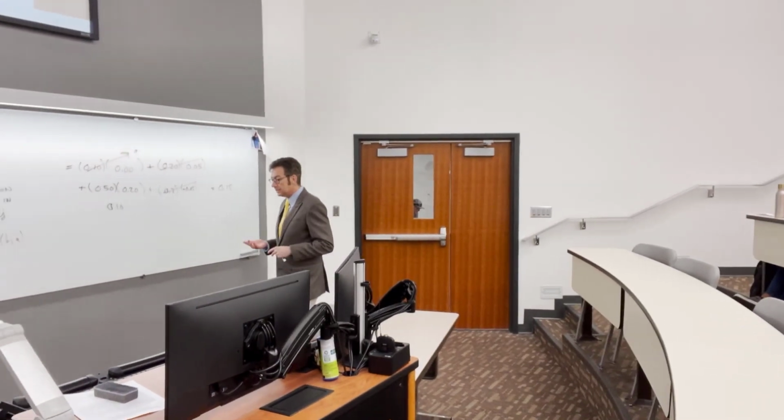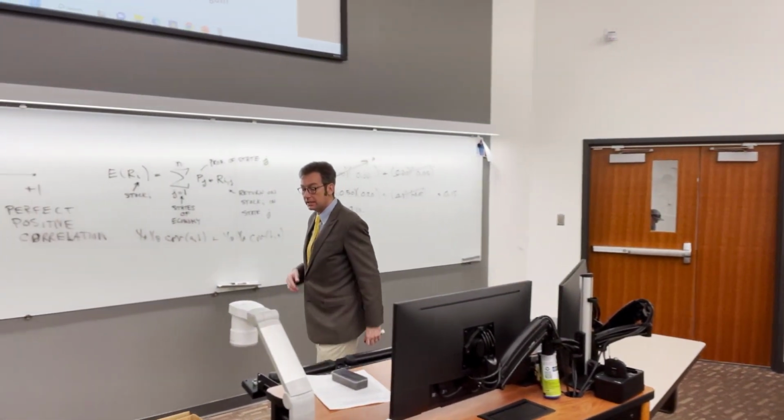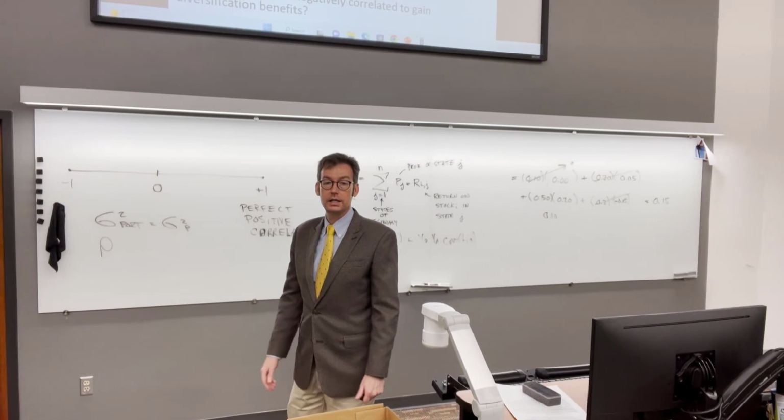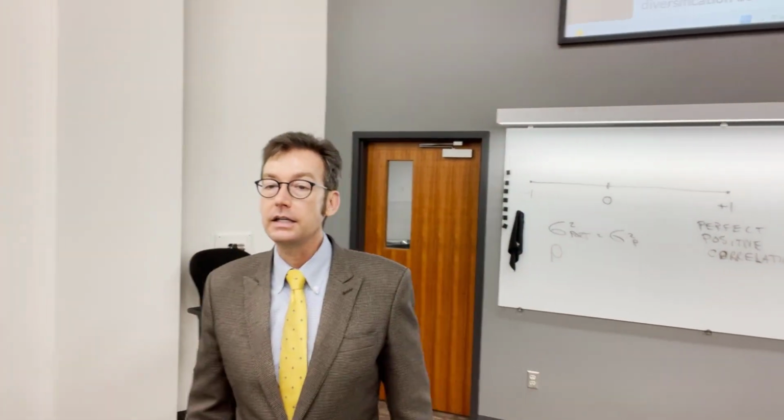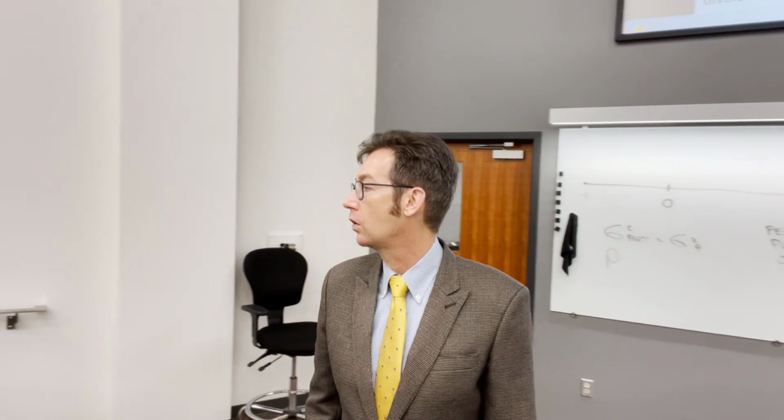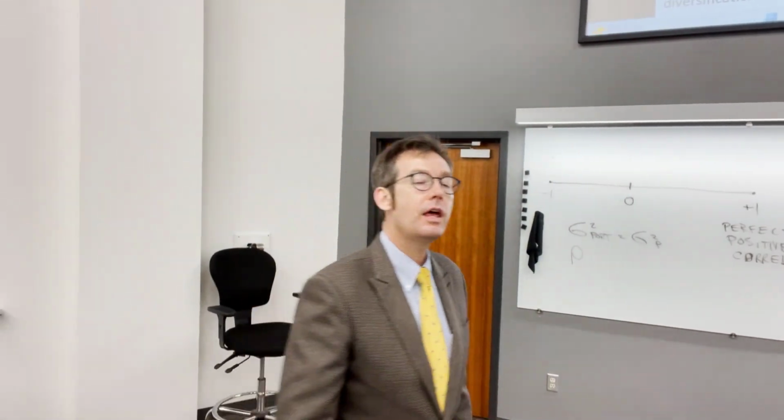Now, is it easy to find things that aren't correlated perfectly positively? Absolutely. In fact, I defy you to go out there and find 2 stocks that are perfectly positively correlated. And so what does that mean?